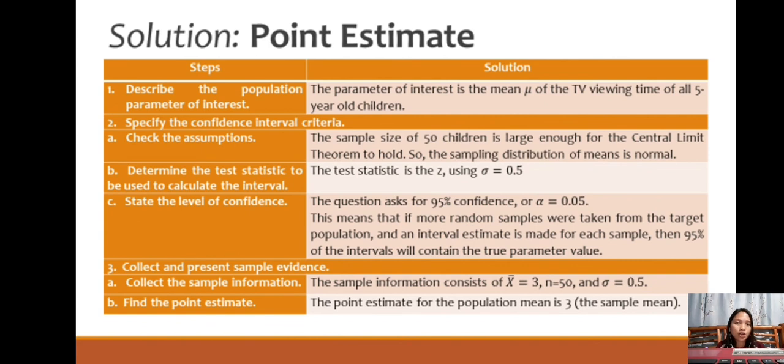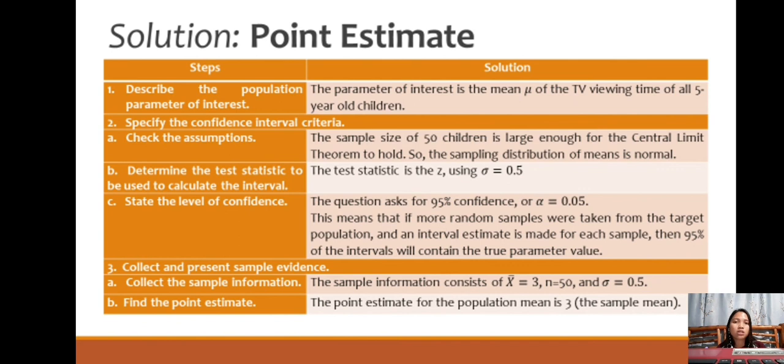For letter B, we need to determine the test statistic. The test statistic is Z using the standard deviation 0.5. And we need to state the level of confidence. At 95%, your alpha is 0.05. So this means that more random samples were taken from the target. You can read this one.